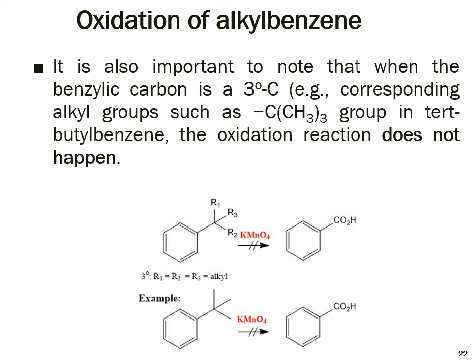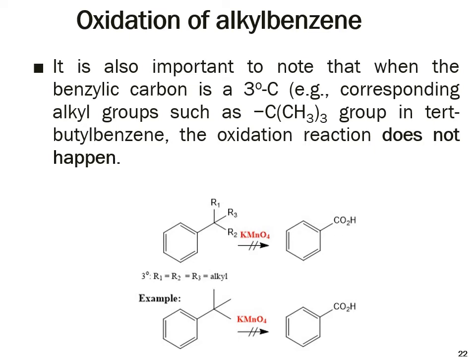So it is important to note here that when the benzylic carbon is a tertiary carbon, for example in alkyl groups such as the tertiary butyl group in tertiary butyl benzene, the oxidation reaction does not happen. If you look at the example here, if you use this tertiary alkyl group where there is no hydrogen, that cannot be replaced by an oxygen atom.